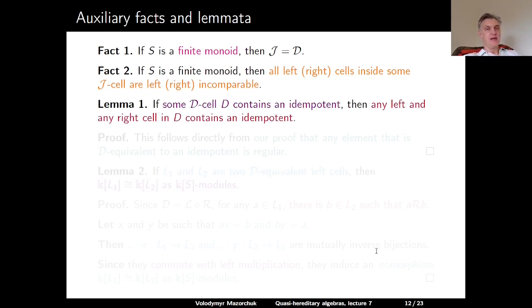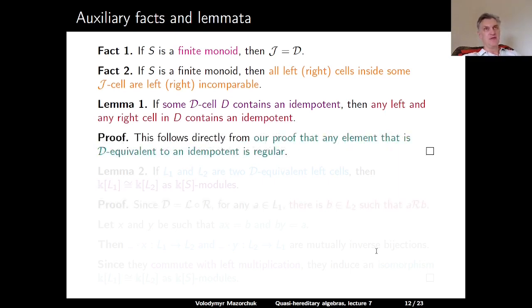Lemma: if some D cell D contains an idempotent, then any left and any right cell in D contains an idempotent. So this follows directly from our proof that any element that is D equivalent to an idempotent is regular.